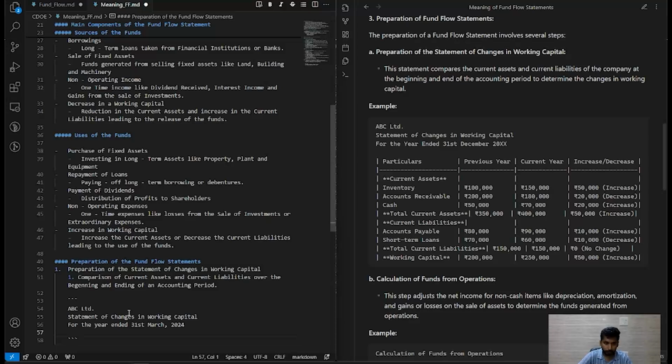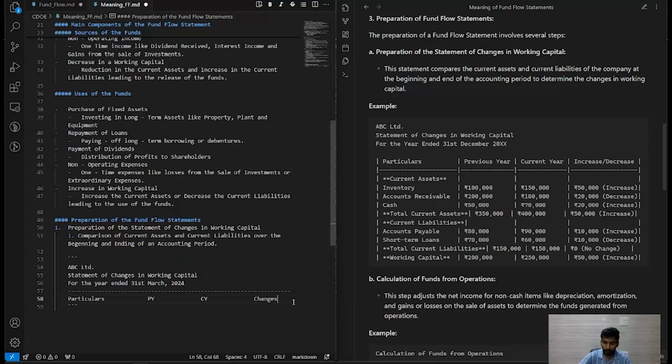Hence, first of all, particulars. After that, PY, that is the previous year. After that, CY, that is the current year. And after that, changes. Okay. And this is it.